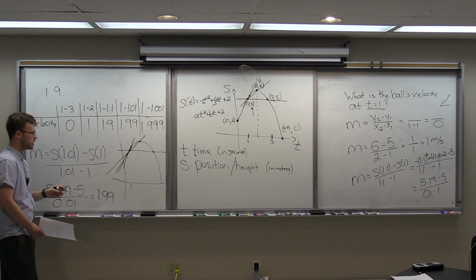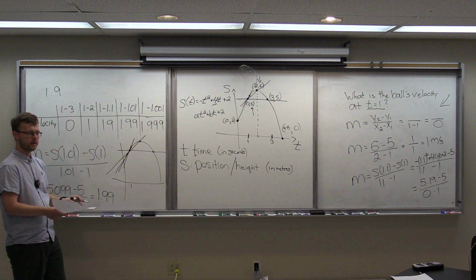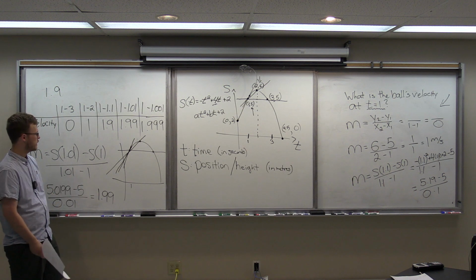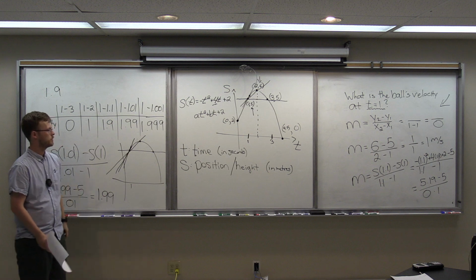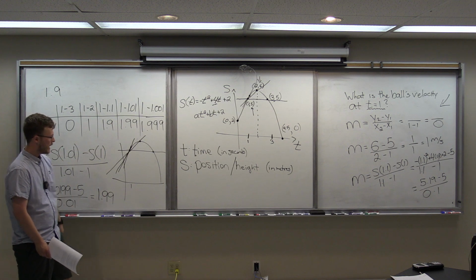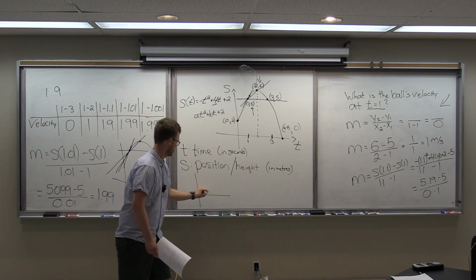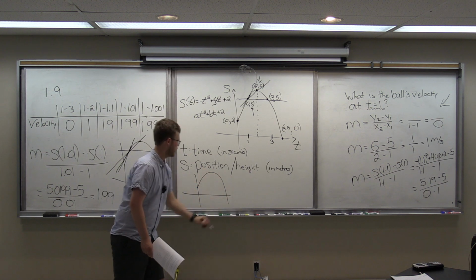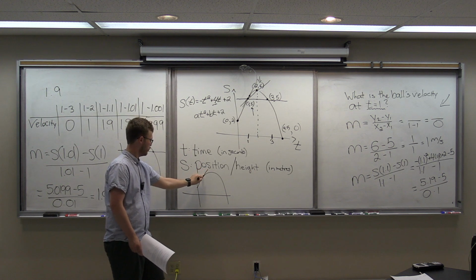But as you keep changing where that second point is, the line changes ever so slightly. They get steeper or they get less steep. In this case, they're getting slightly steeper every time you move closer to 1. In the end, we're actually just measuring the slope of the line that only touches 1.